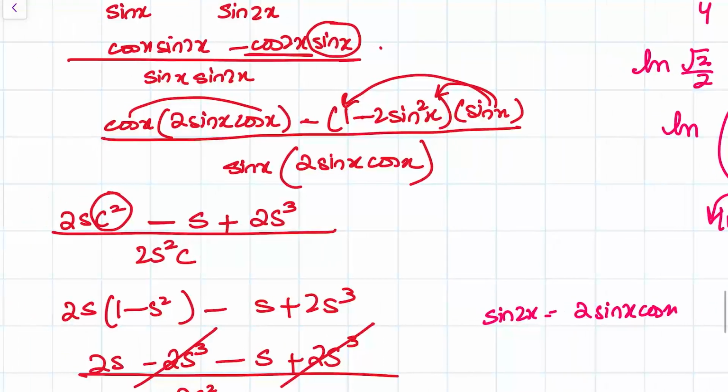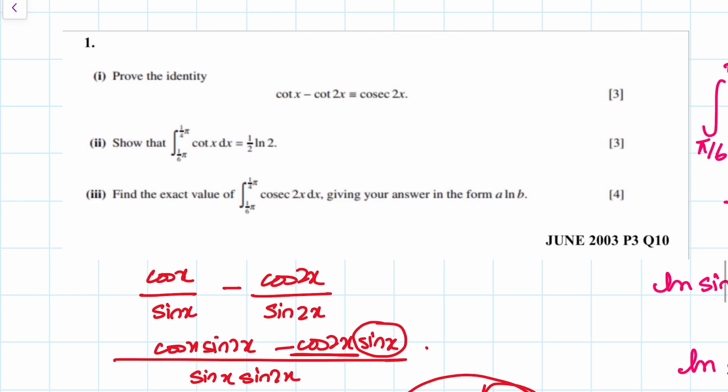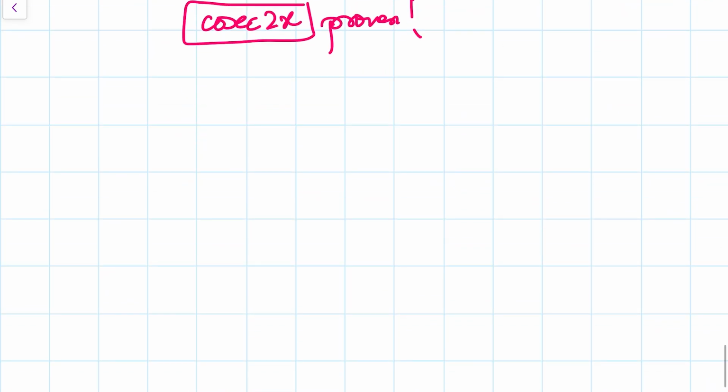Now the last part of the question. The last part says they want you to integrate cosec 2x with the same limits. So in place of cosec 2x, can I write this entire identity? Because cosec cannot be integrated directly. So let's write it. And see, you have to give your answer in the form A ln B. Let's use these instructions to solve.